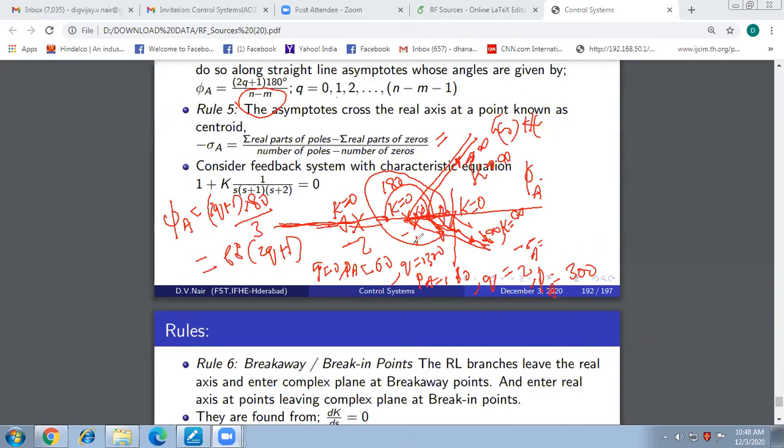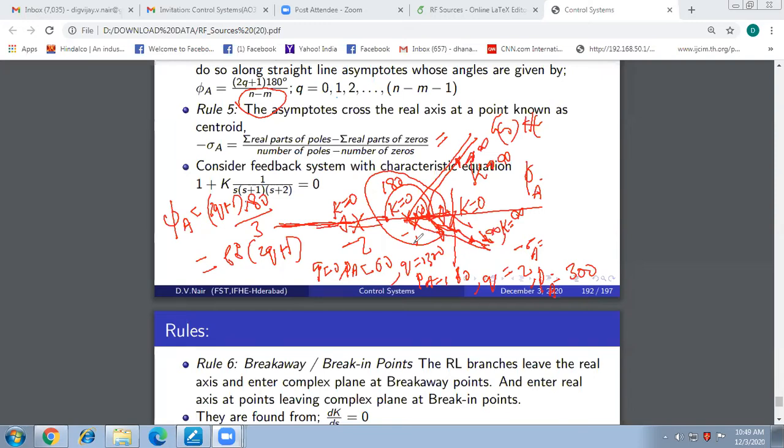Okay, friends. So here we got the three asymptotes. Rule number 5 we discussed deals with the branches of the root locus which don't find finite open loop zeros to terminate on, but have to move to infinity.